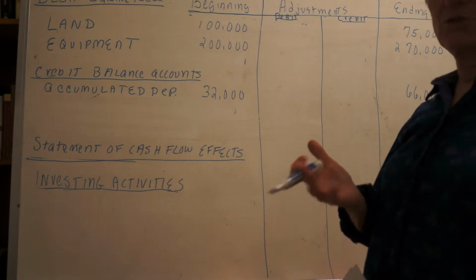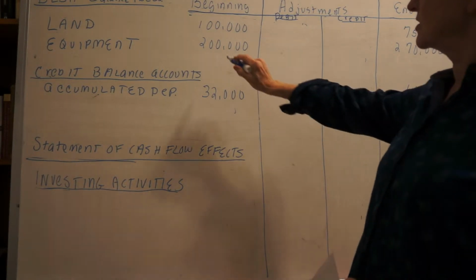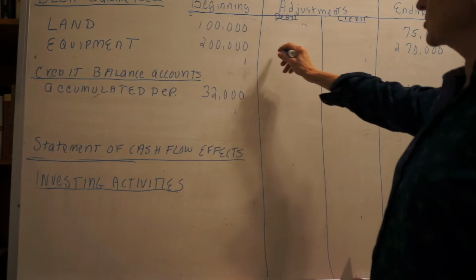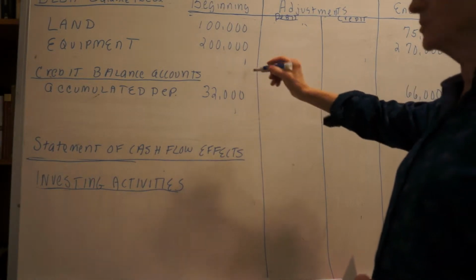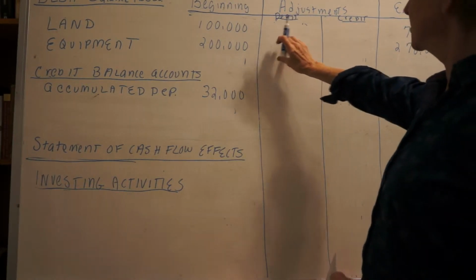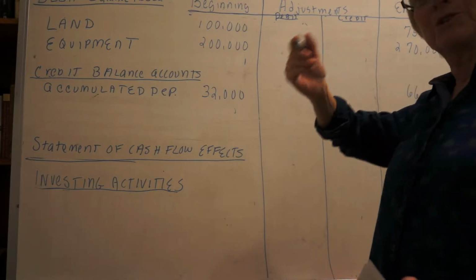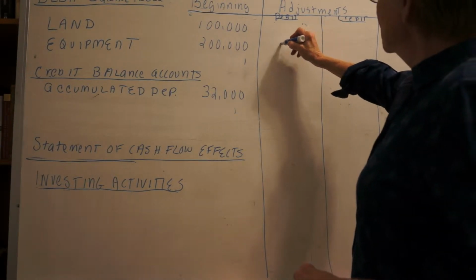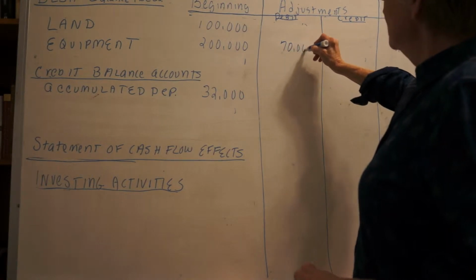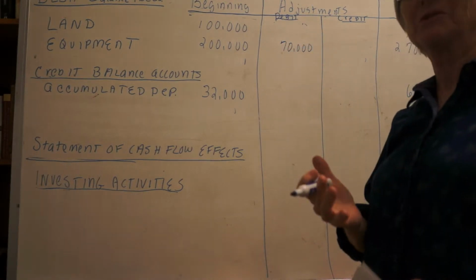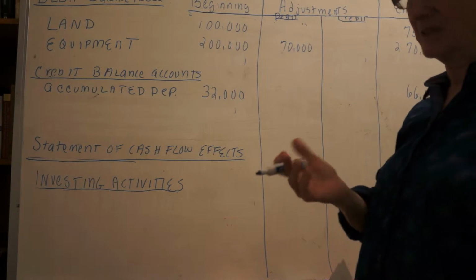Now, you cannot just assume that the difference is equipment we bought, because if we had sold equipment, you'd have some equipment coming on and some equipment coming off. So the way it works out in this one, we can say, well, we must have bought $70,000, but that's because we've already looked at the notes and we know that we didn't sell anything.